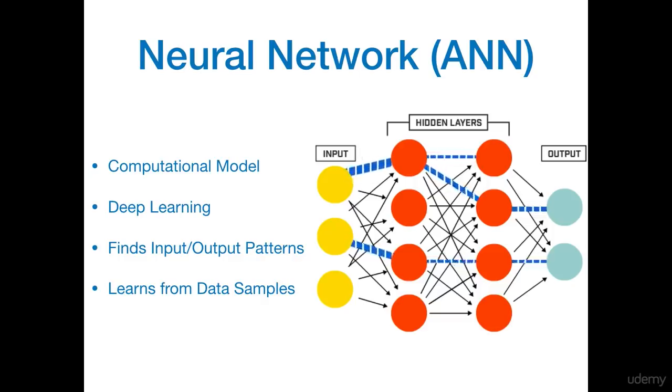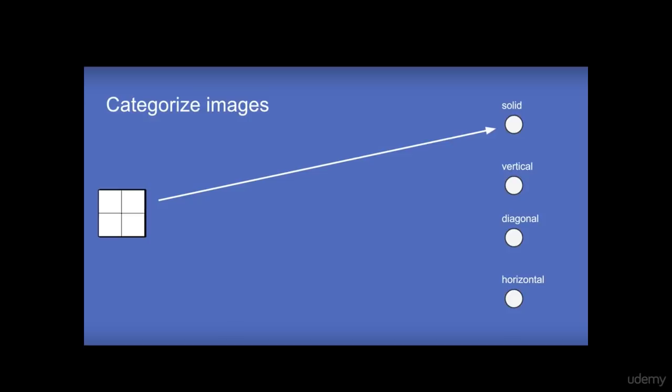So, how can we use a neural network to our advantage? Let's say that this is an image that we want to reproduce through a neural network.